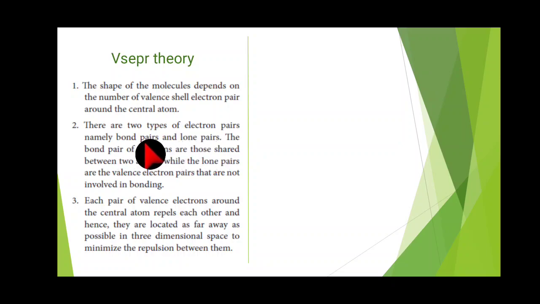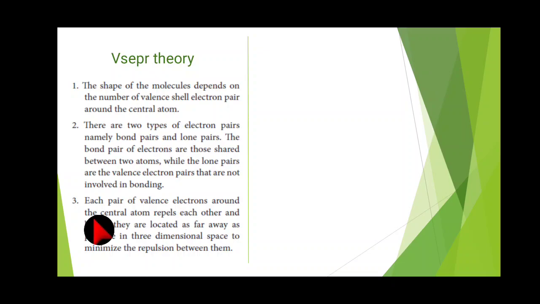The bond pair of electrons are those shared between two atoms, while the lone pairs are the valence electron pairs that are not involved in bonding. So the electrons involved in bonding are called bond pair. Lone pair electrons do not get involved in bonding, right?